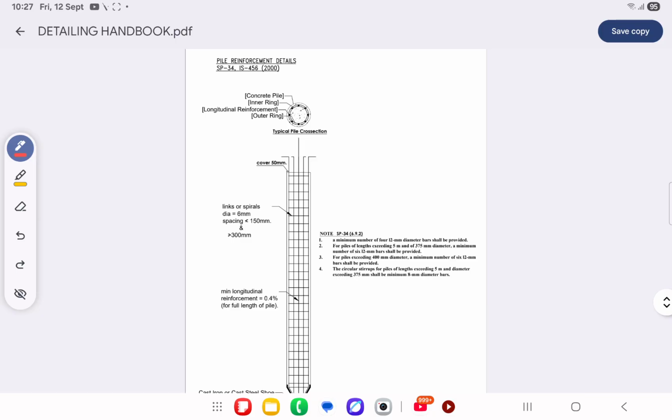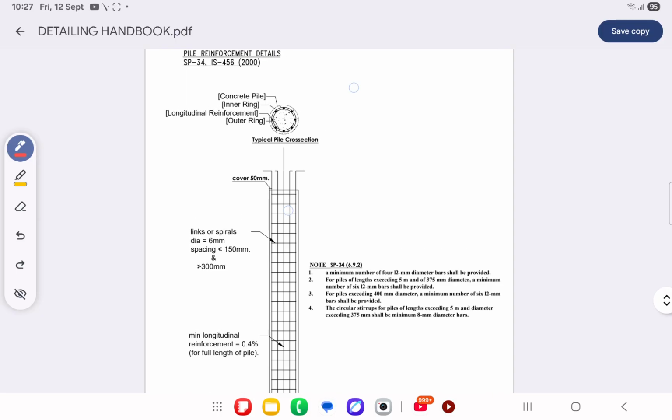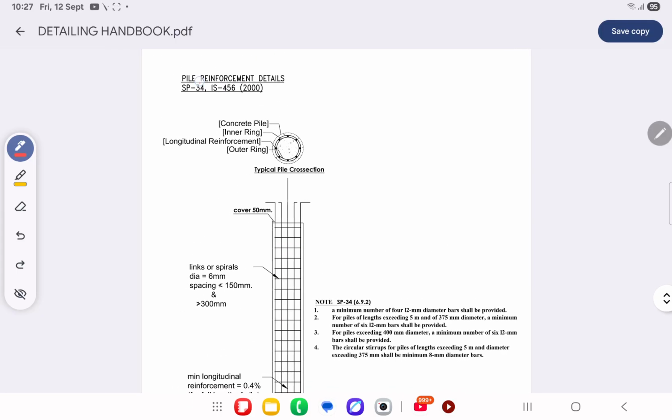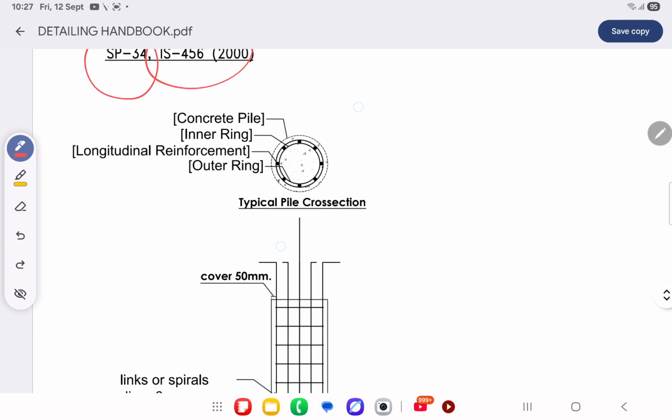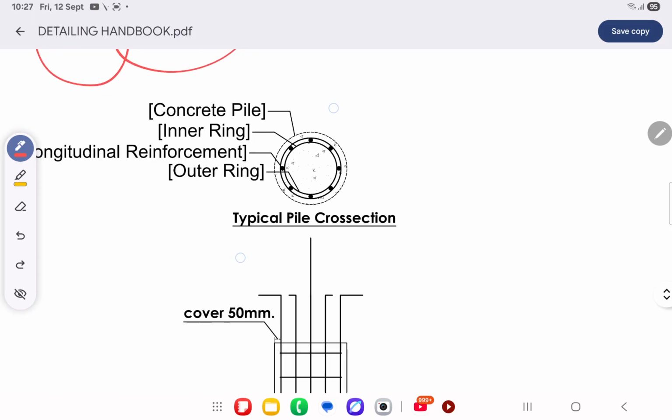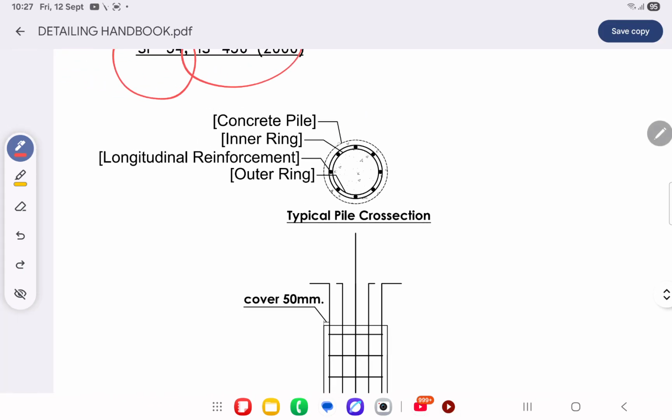So let us discuss what pile foundations are, according to SP 34, which is also a code, and IS 456 2000. We'll discuss a typical pile cross section. This is the concrete pile, and there we generally provide the inner ring, this is the inner ring of a rebar.